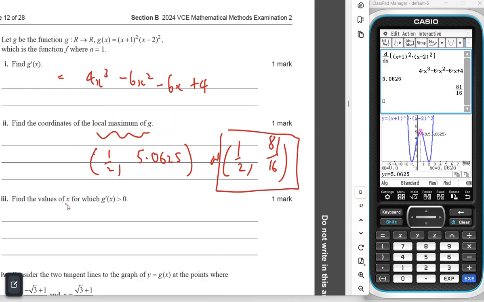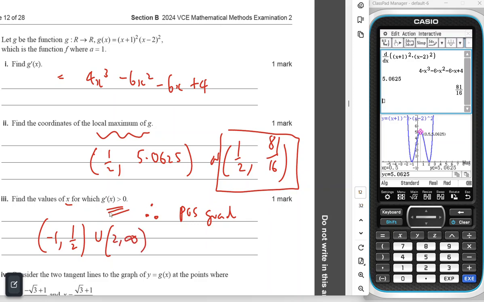Find the values of x for which the derivative is bigger than 0. Therefore, there is a positive gradient, and I can see there's a positive gradient between here and past there. So I think that we're going for -1 to 1/2, non-inclusive, union with 2 to infinity.